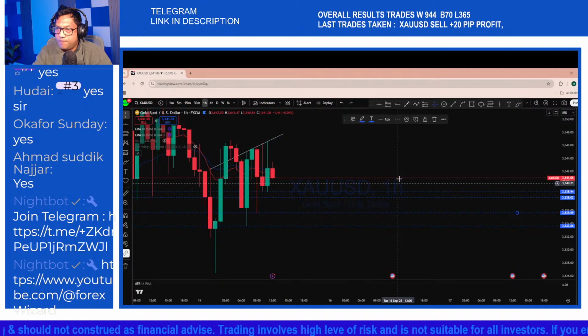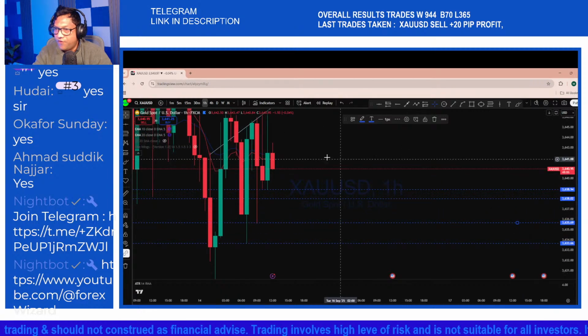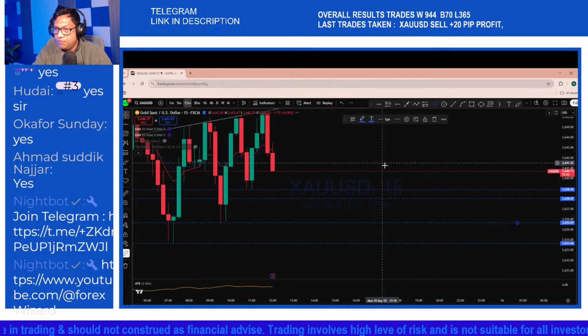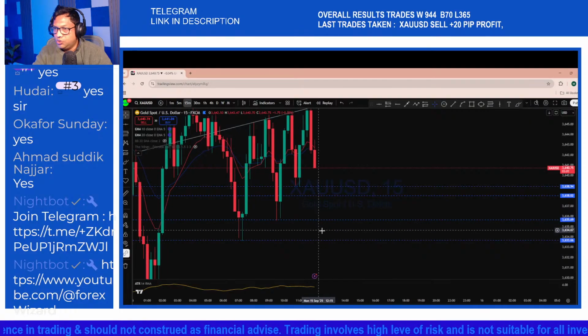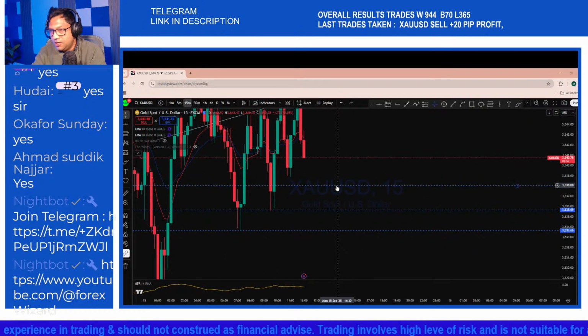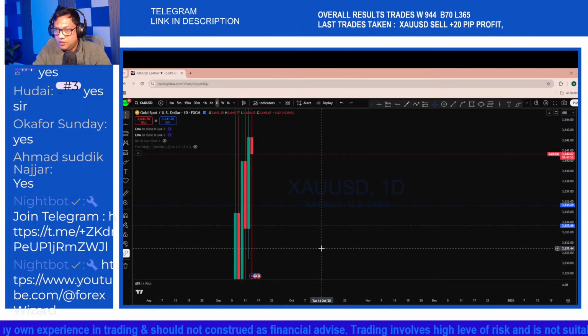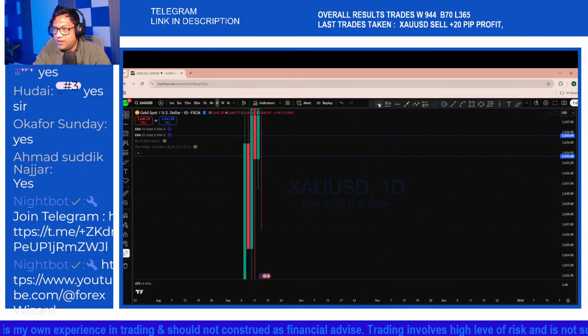The level that I would like to look at here is 3635, because this is where we may see the market getting a potential rejection from this daily low. So today's low came below this level.